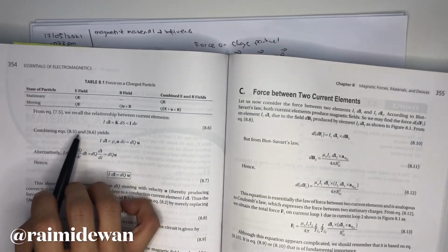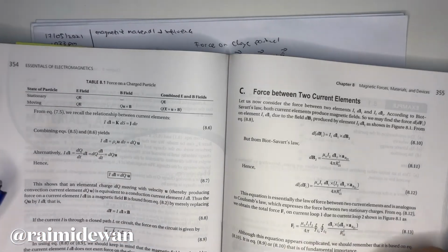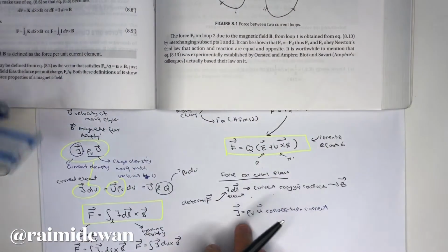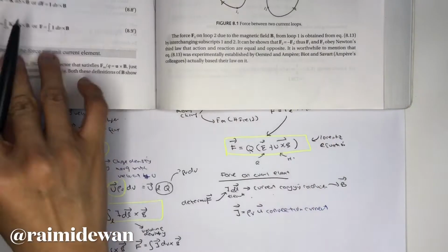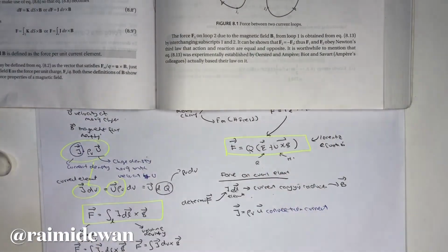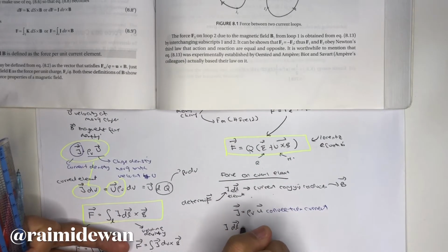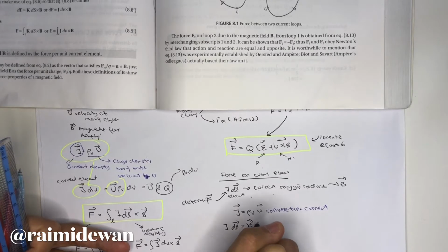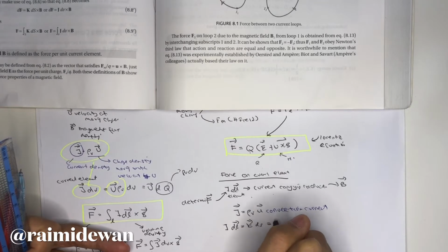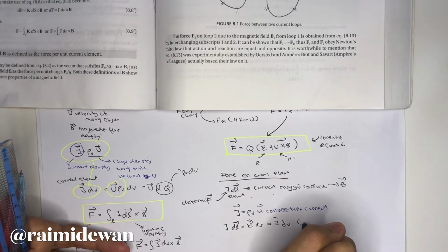Then combining equation 8.5, okay, which is this equation just now, and these equations, then in the end we will obtain from our IDL equals K dS equals J dV.